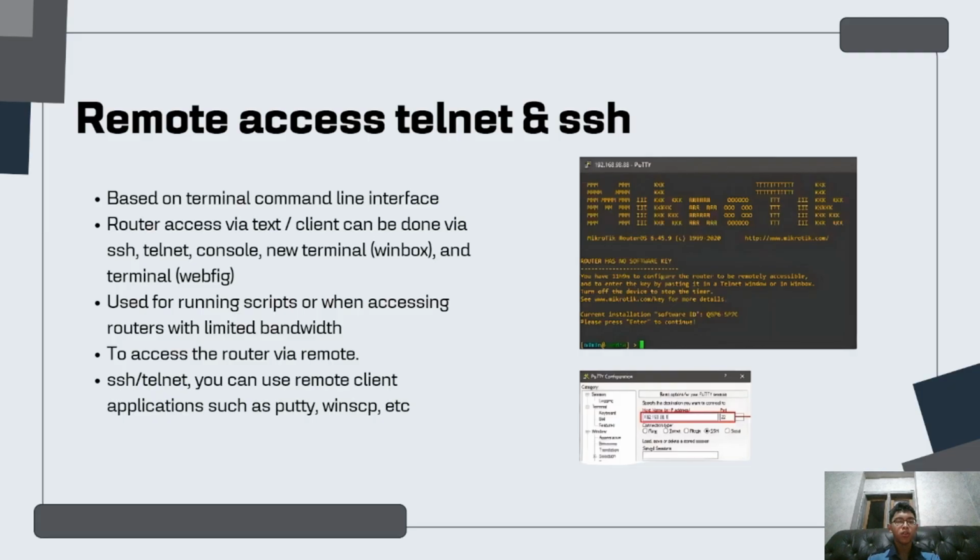To access the router via remote SSH or Telnet, you can use remote client applications such as PuTTY, etc. So the difference between Telnet and SSH is that Telnet is not too secure and SSH is secure.